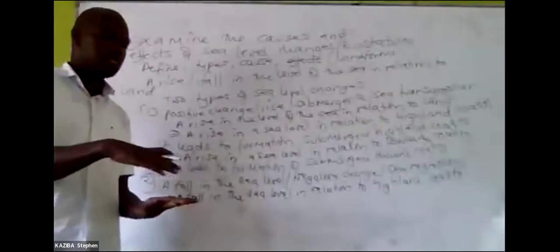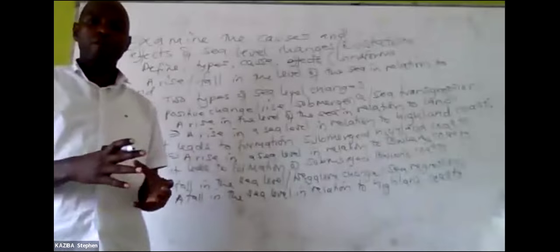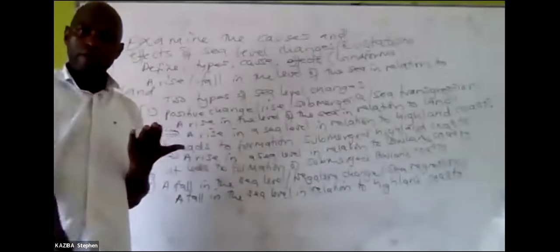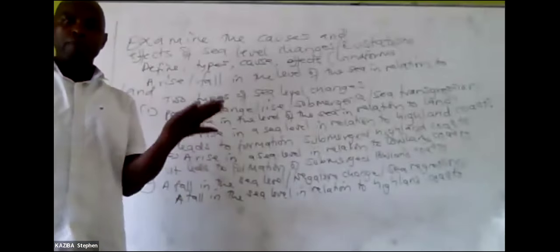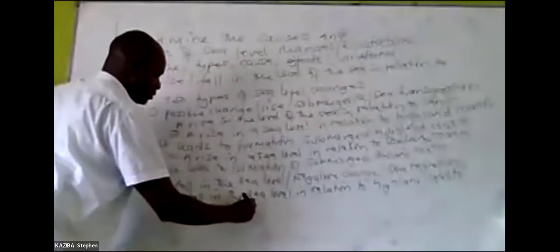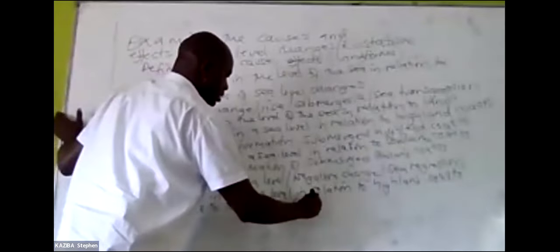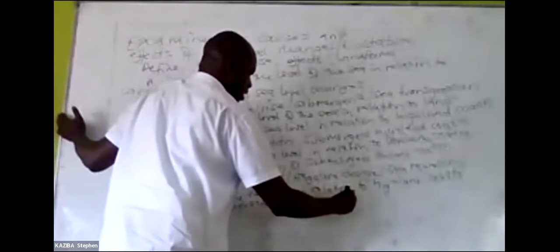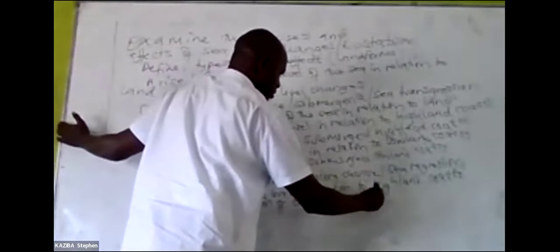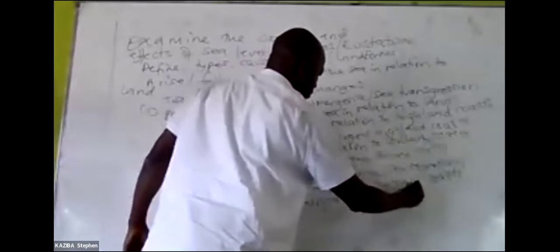If there is a fall in the level of the sea in relation to highland coasts, what happens? When the sea level falls, what was covered emerges out. So it leads to formation of emerged highland coasts.